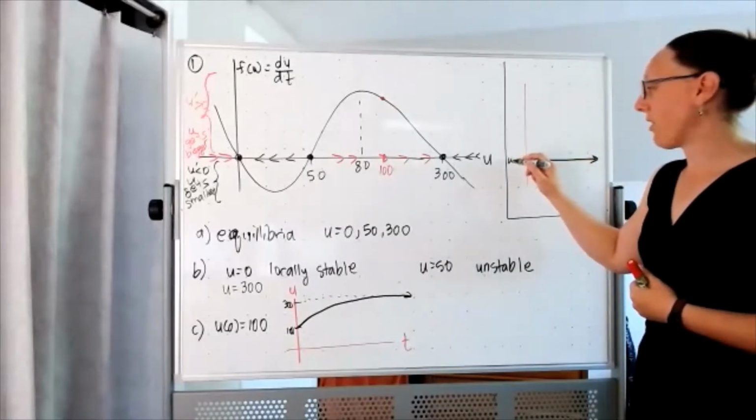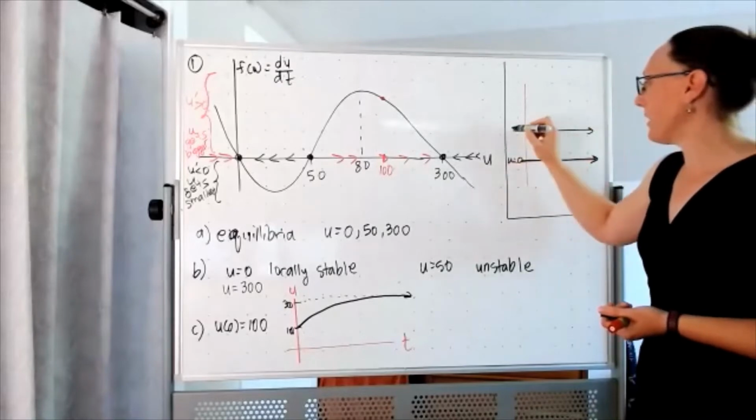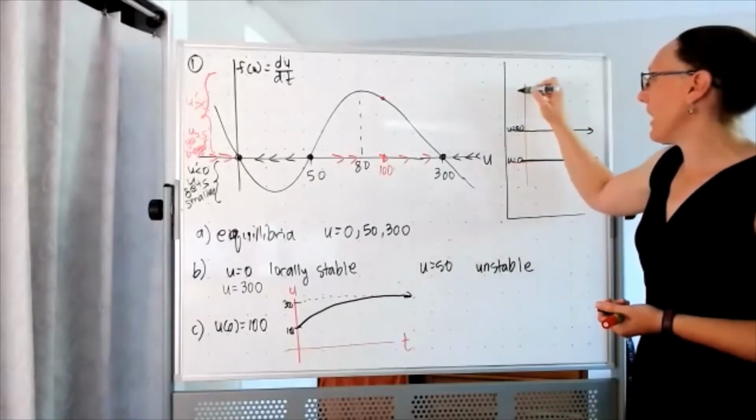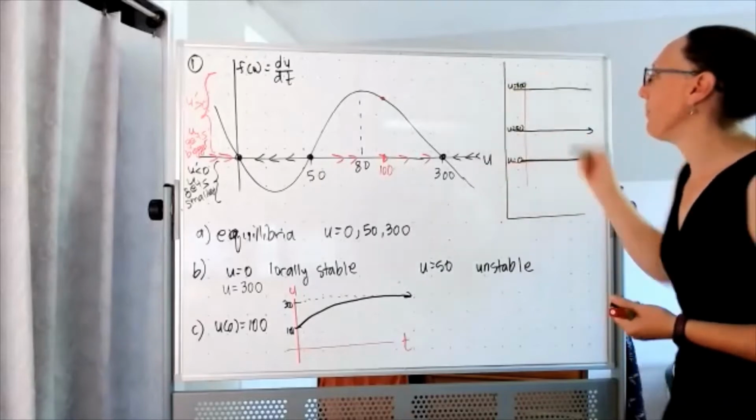If U equals 0, we stay at 0. And if U equals 50, we stay at 50. And if U equals 300, we stay at 300.